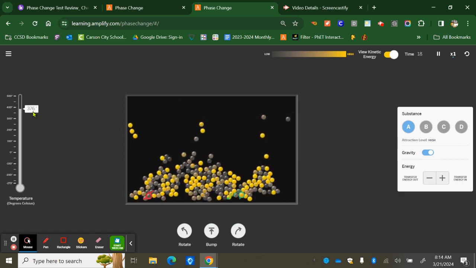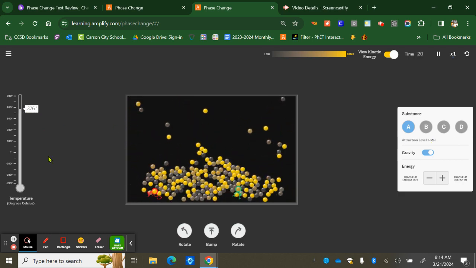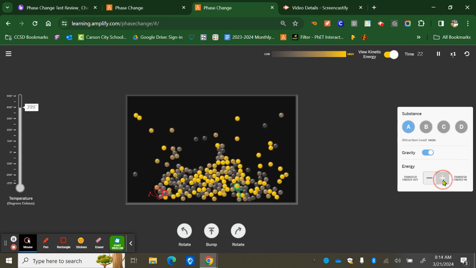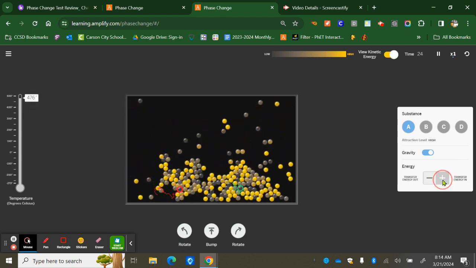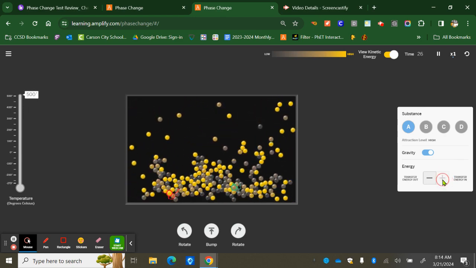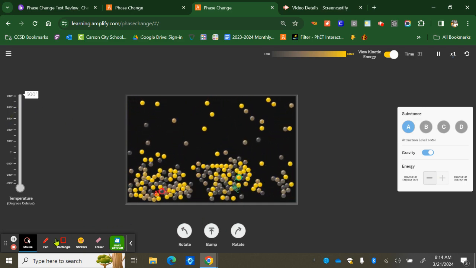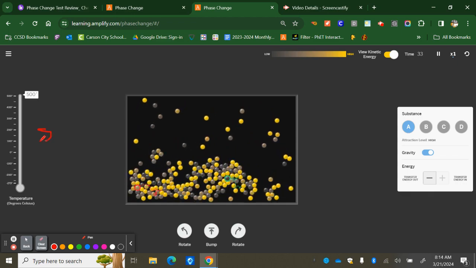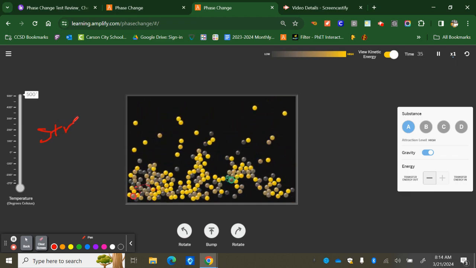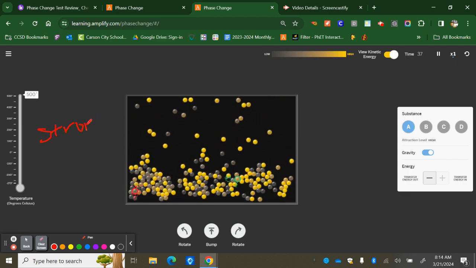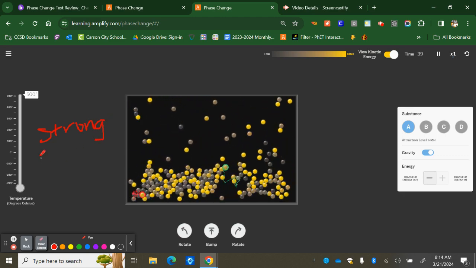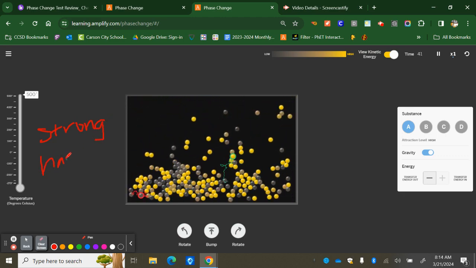With a strong or high attraction, I'm already so high in temperature. If I want this to become a gas and I'm going to transfer more energy in and more energy in, do you see how I'm at the highest temperature and I still don't fully have a gas? This represents that strong attraction. And it is hard to move apart.